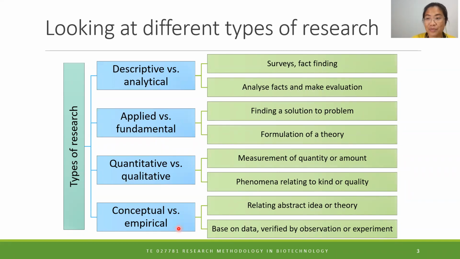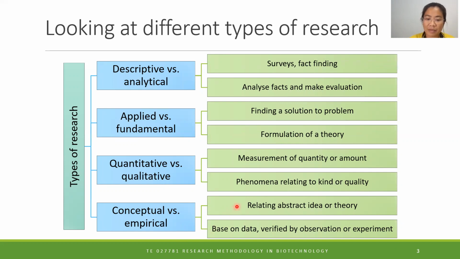Our research will mostly be empirical. You have to do lab work to obtain data, and then you do the experiment, or you do repeats, or you verify your data in some other ways. So your research is likely to fall into empirical research.